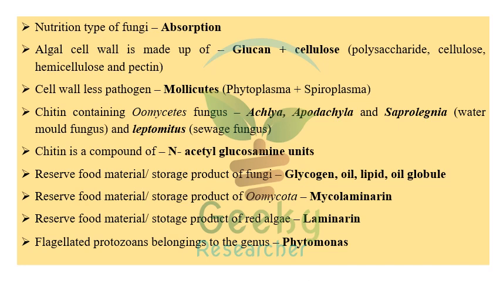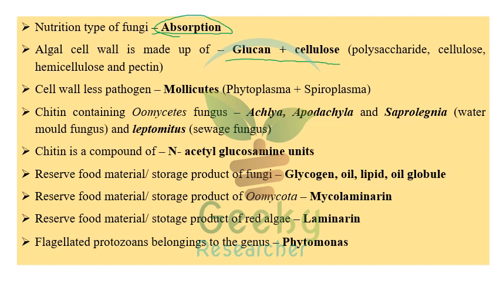The next general information about fungi is the nutrition type of fungi. We know very well that fungi are absorptive. In general plant pathology itself, we already discussed that the fungal cell wall is made up of chitin and a little amount of glucan. The algal cell wall is made up of glucan and a little amount of cellulose.